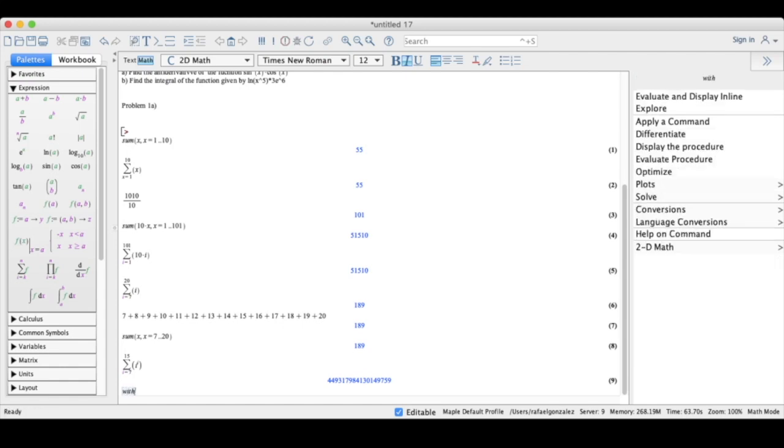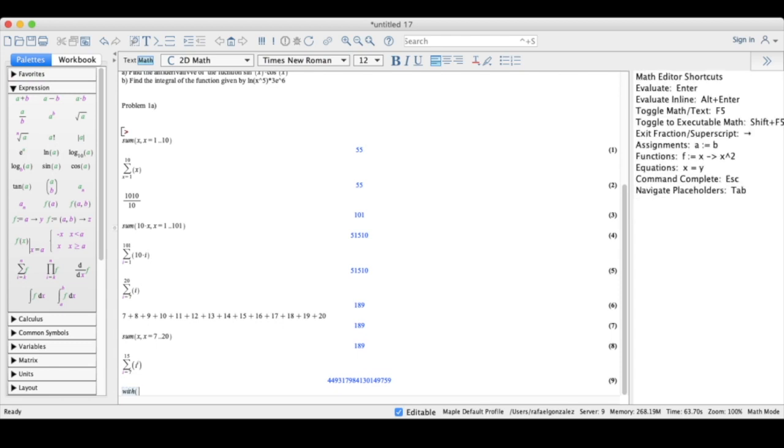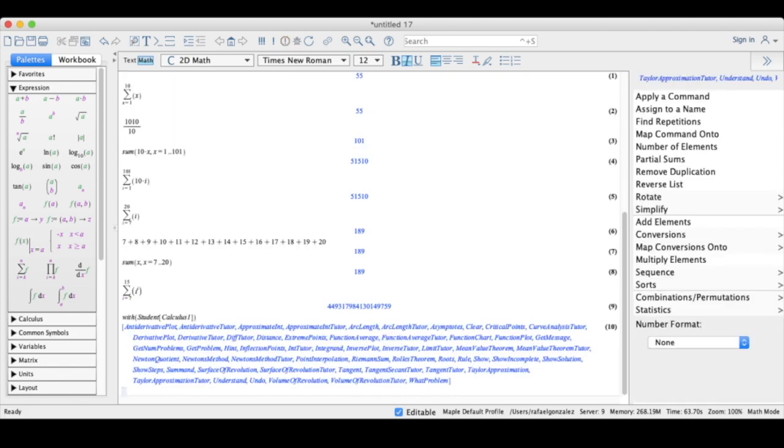So we're going to use with, then student, capital S, then open a square bracket, and make sure that you write student correctly. Then we open up a square bracket and then capital C, calculus 1. Maple is going to pre-fill it for you, so all you have to do is press enter and close the parentheses.